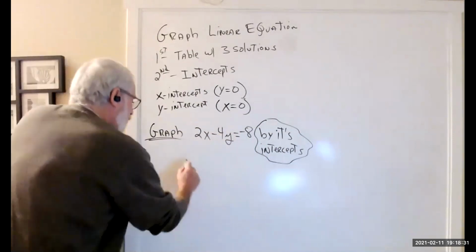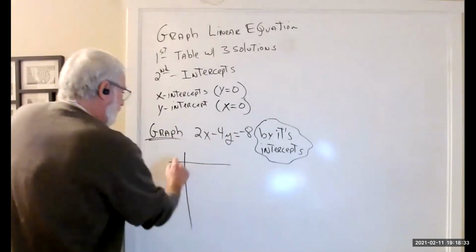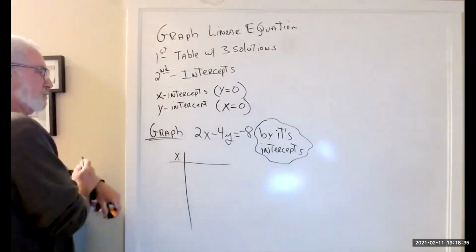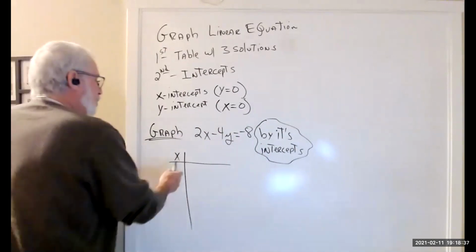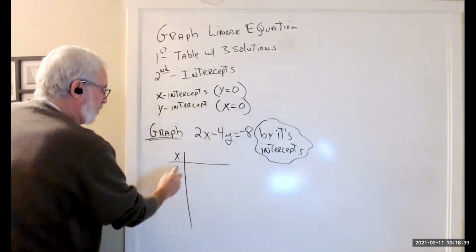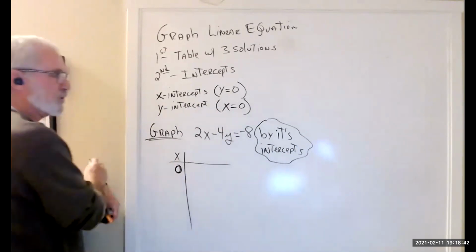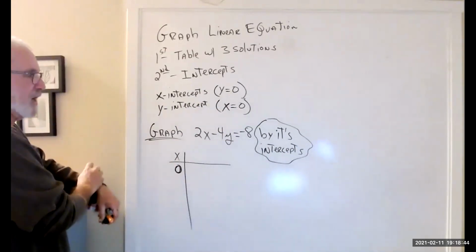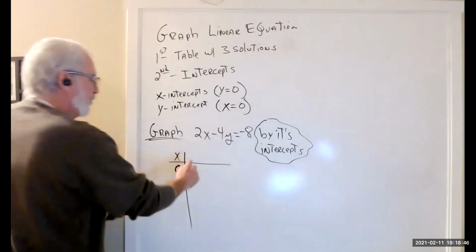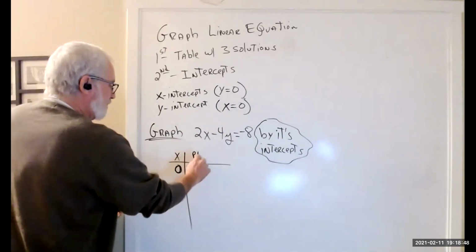So you start the same way. You start with the table, but we start by letting x equal 0, which is what I was trying to get you guys to do the other day. So you've got to plug it in.